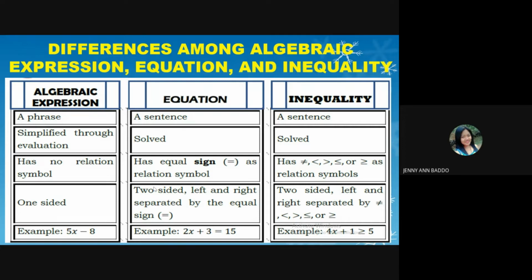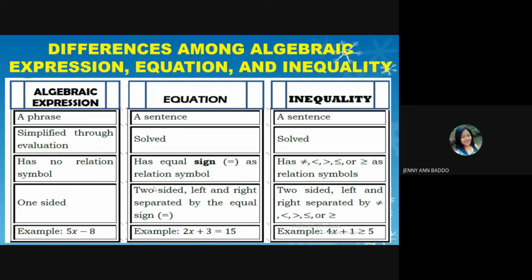It cannot be solved, but it can be simplified through evaluation or performing the fundamental operations. It has no relation symbol, therefore it's one-sided. An example here is 5x minus 8.